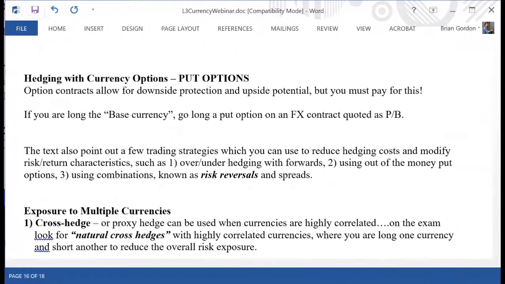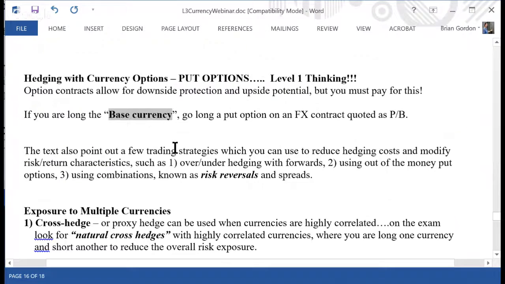And the put options give us the downside protection and the upside potential. Using forwards, we're locked in. Remember, just go back to level 1 thinking here. Just remember that. So just be aware that your focus is on the base currency, and we've already talked about this. So if you go long a put option, you're selling the base. So make sure it lines up correctly.